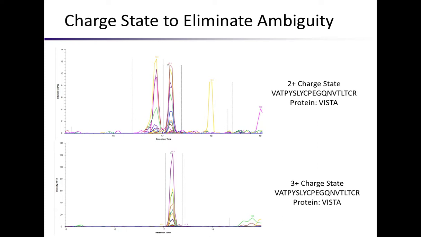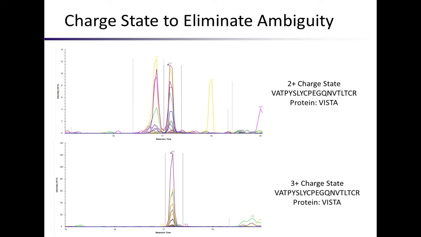Now, when we have these ambiguous peaks, we can counteract it a little bit. This is why I said to look at that 3+ charge state too if you can, because if we look at the 2+ charge state for a specific peptide, it may come out with multiple peaks, and we don't know which is actually the one we should quantify on.